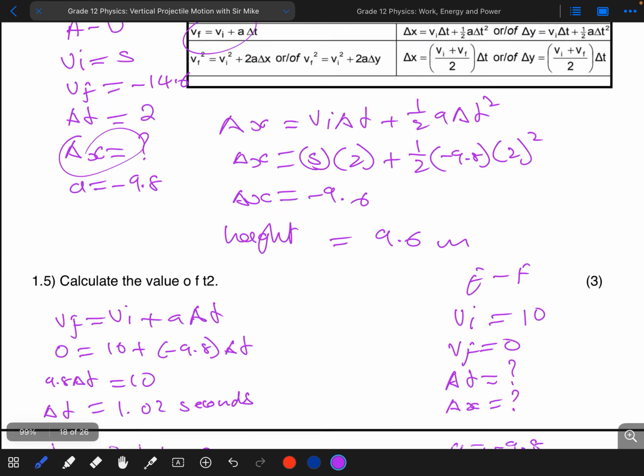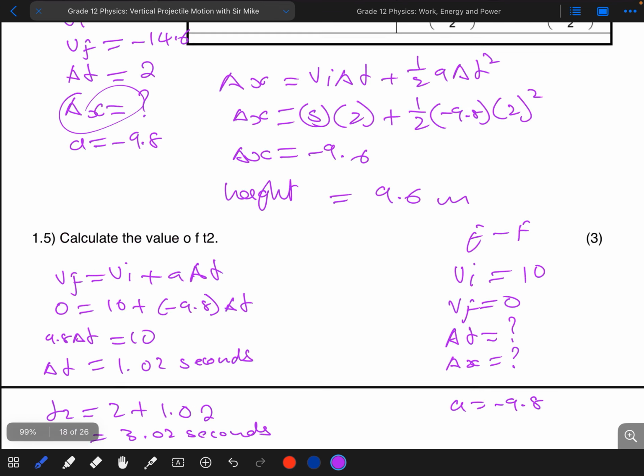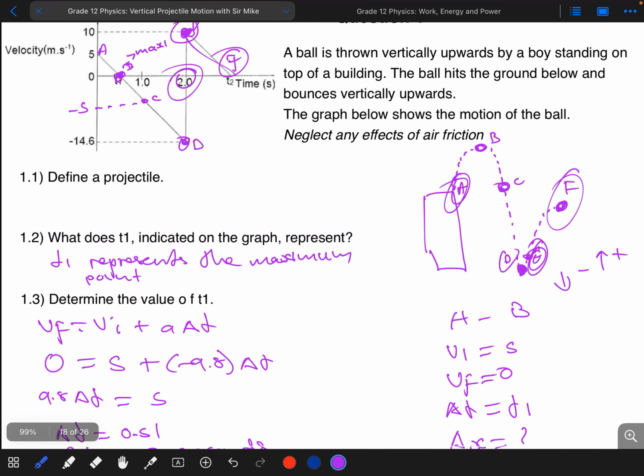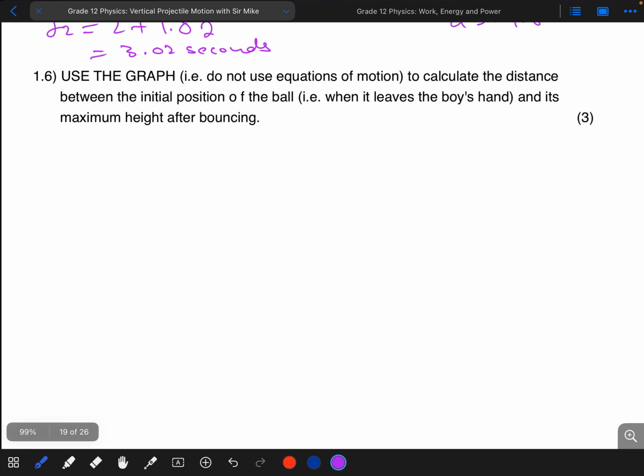So what I'm going to do is redraw that graph that I had there. I have a building somewhere there, and my object went up, reached the maximum point, and returned.